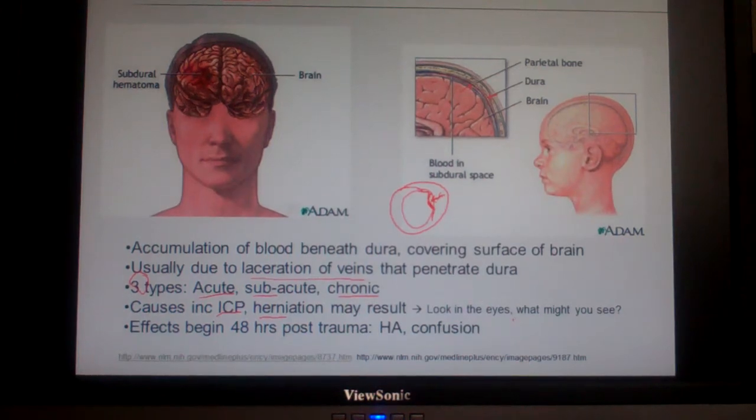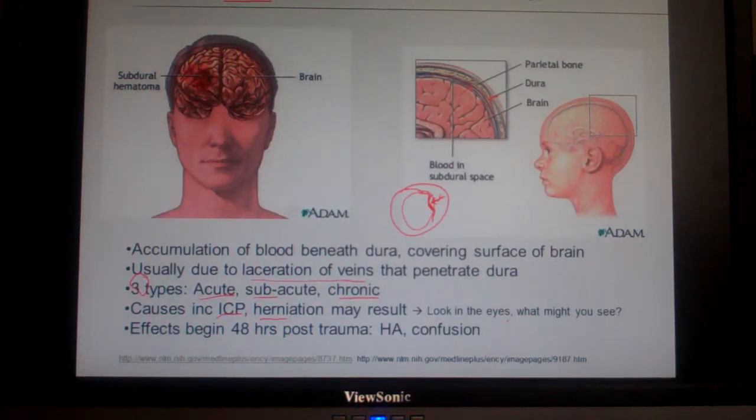You look in the eyes, what might you see? Think about it, if you have an optic nerve going through here, and these are eyeballs in the front of your head, and you press on that optic nerve, well, actually they cross over, but what you would see is as that presses on there, you're going to maybe lose some of your vision.